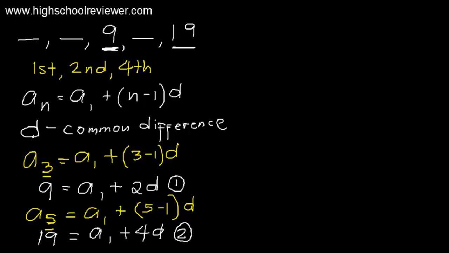So looking at the two equations, we can subtract equation 1 from equation 2 so that we can cancel out a sub 1 and find the value of d.